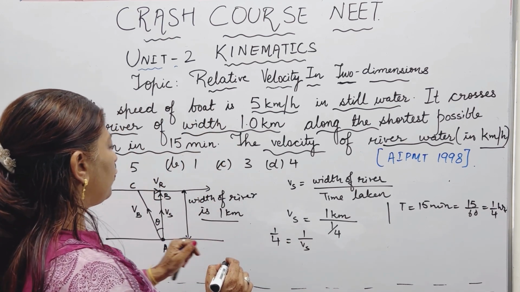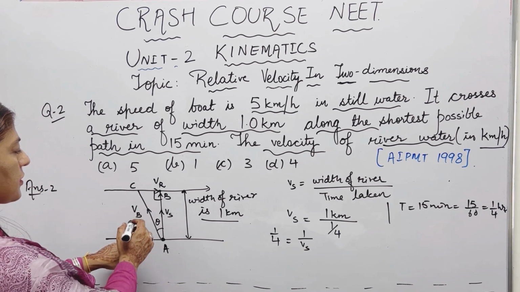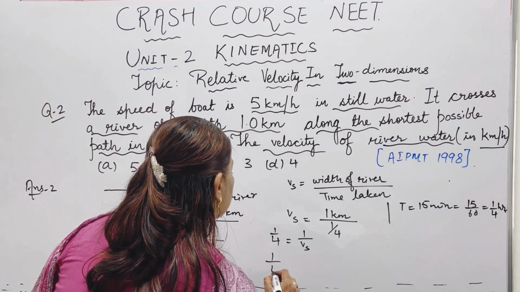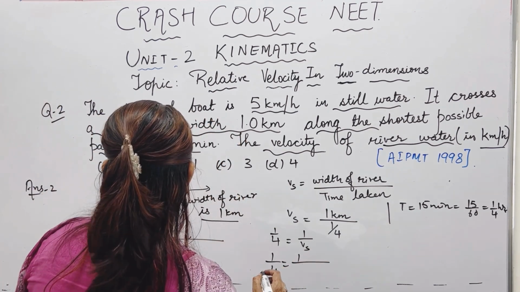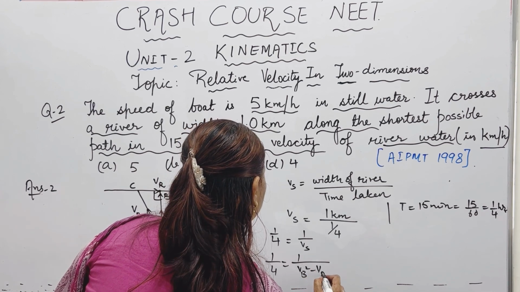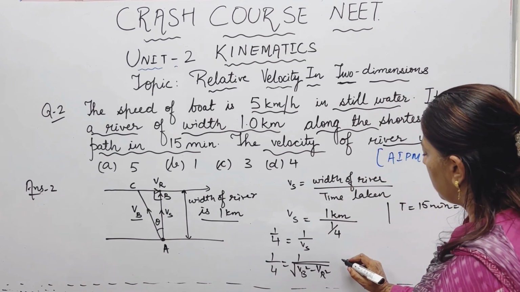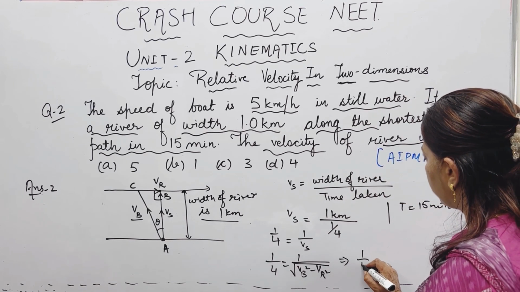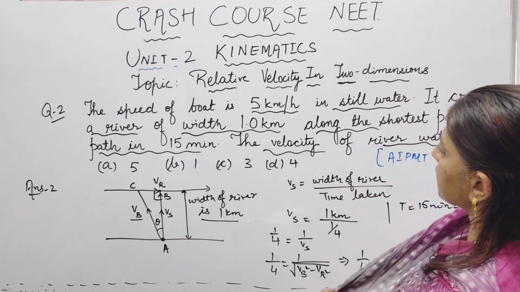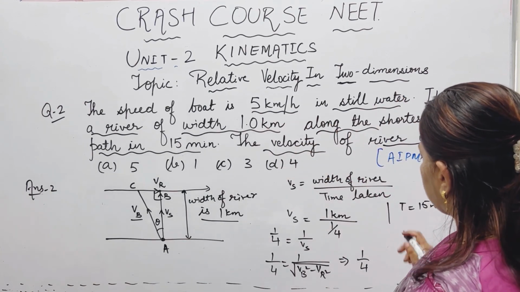Now to calculate Vs, we will take help of this right angle triangle. This is hypotenuse, this is perpendicular. So this thing is equal to 1 upon the square root of Vb square minus Vr square. We have 1 by 4, Vb is the velocity of the boat with which it is moving, and that is 5 kilometer per hour.